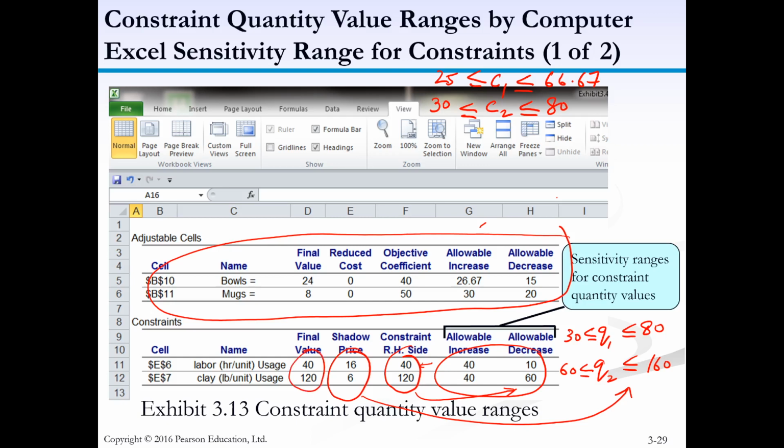Final value is telling us that the right hand side was 40 and the final value is 40 for the first constraint, and for the second constraint 120 and 120 again. It means that both the constraints are fully used up, and the slack is 0.